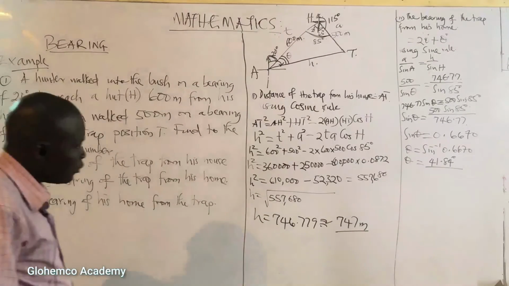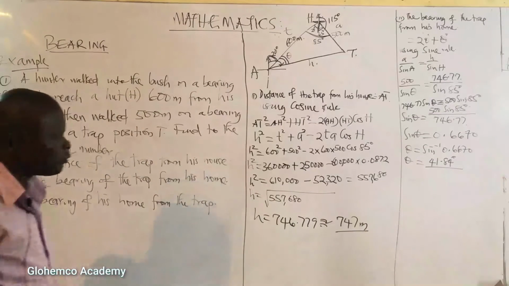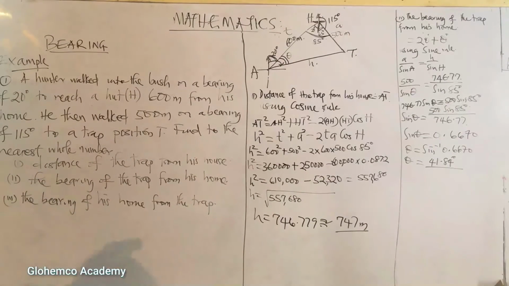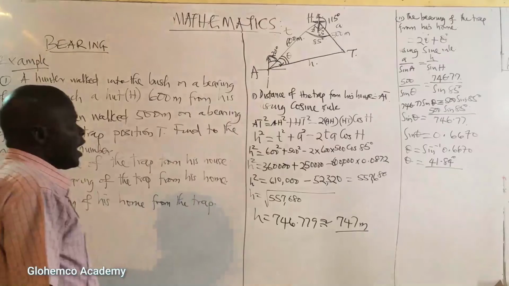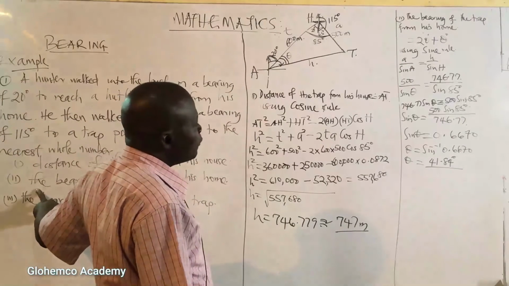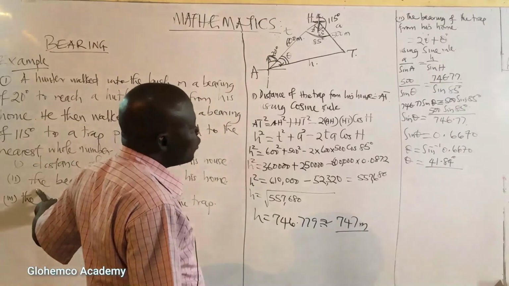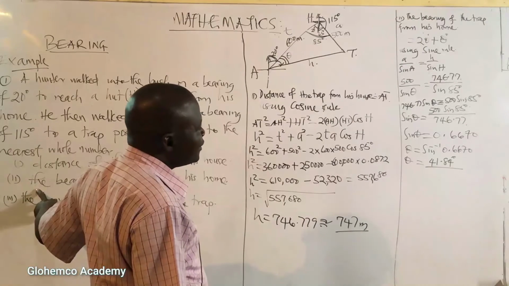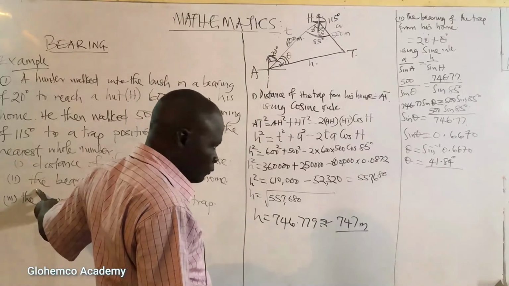After knowing the value of theta, you will recollect that we are not looking for the value of theta originally. The question that you have to solve is the bearing of the trap from its hole. And we have been told earlier in the question that 20 plus theta degrees is the bearing that you are looking for.